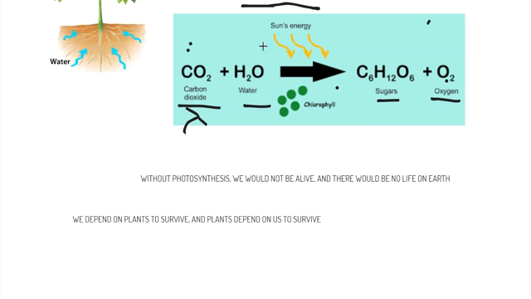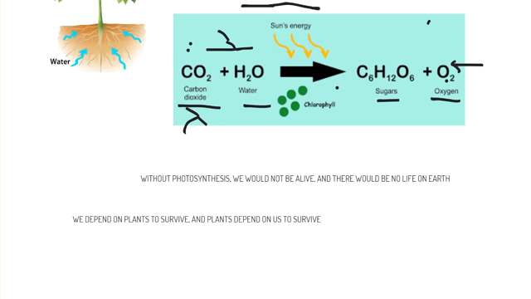And it goes the same for us and plants. As a byproduct or end product of the photosynthesis equation, one of their end products is oxygen, and we need oxygen to survive. We breathe in the oxygen because we need it to survive. Without the oxygen produced through photosynthesis, we wouldn't have enough oxygen to survive, so we would die off.